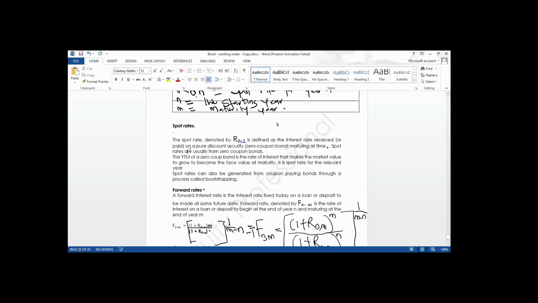For example, if you are to take a loan, your company is planning to take a loan in 3 months' time.